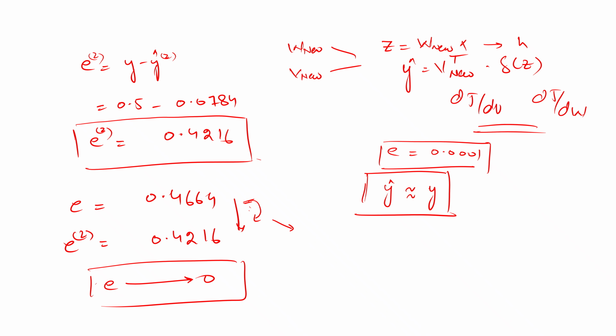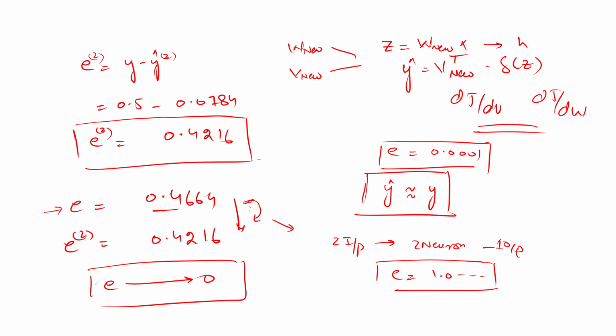The thing I wanted to mention is that when we were doing example for 2 inputs, 2 neurons, and 1 output, our error was, I think, 1.0 something. So the error was much larger. So when we increased the number of neurons from 2 to 3, we already saw that it was reduced to 0.466.